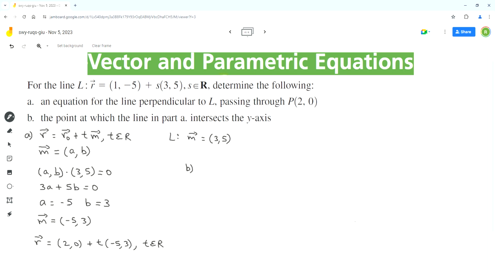The point at which the line in part A intersects the y-axis. So we have to find the point at which the line we found in part A intersects the y-axis. Let's start by writing the equation of the line.